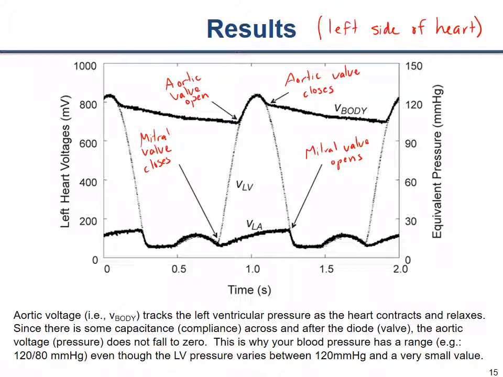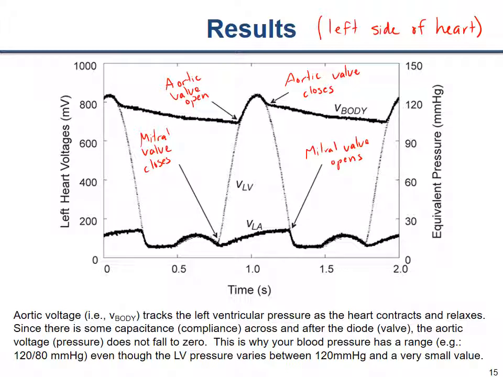Okay, so what's really interesting here is that because there's capacitance across these valves, the pressure, or in this analogy, the voltage, does not fall to zero. Okay, so the left ventricle voltage does fall to close to zero, but because there's this capacitance or finite compliance across the valves, it doesn't fall to zero.